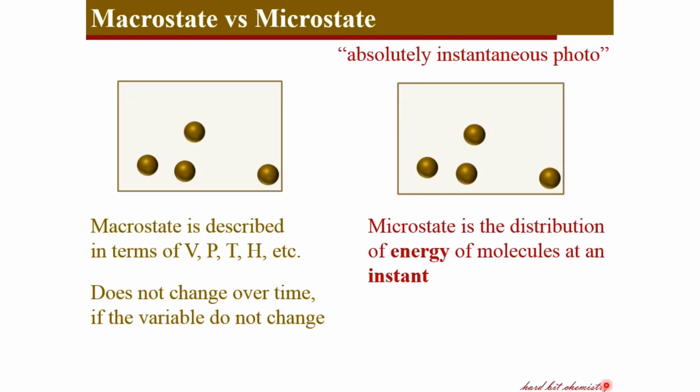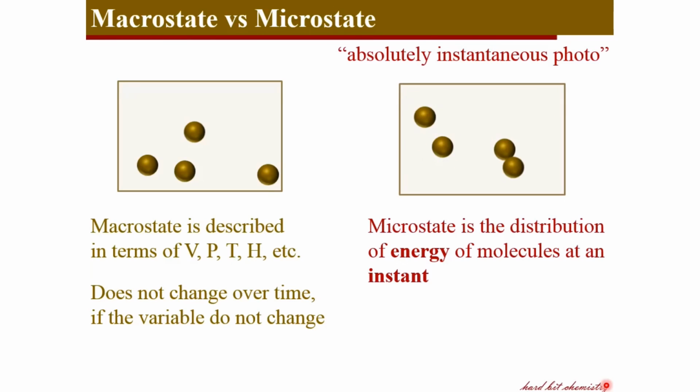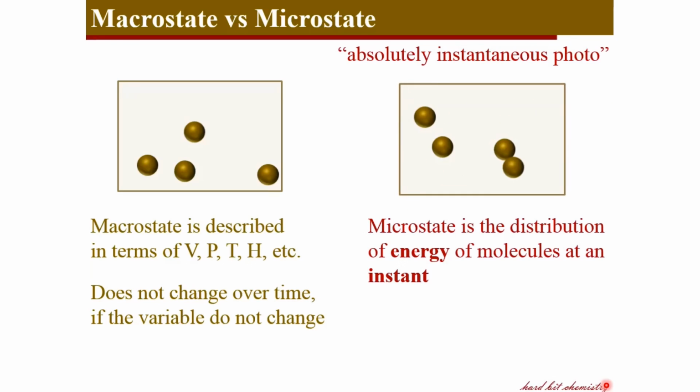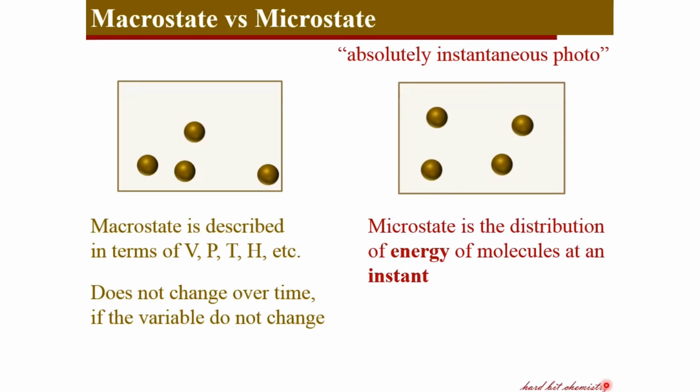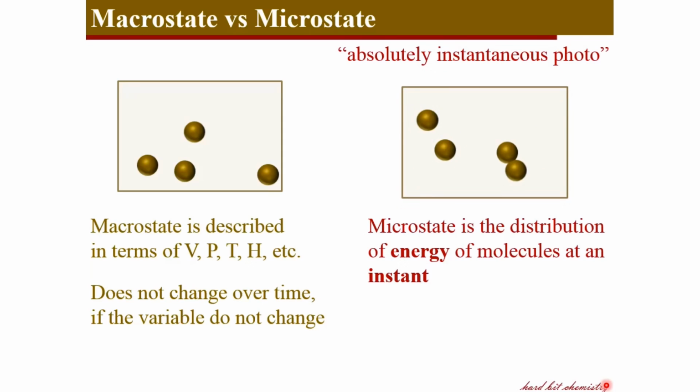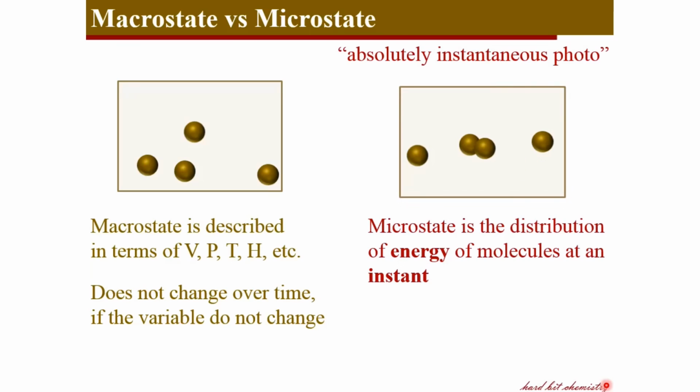That is called the microstate. Microstate characterizes the distribution of energy, or dispersal of energy. As the dynamicity of the system increases, as the degree of motion within the system increases, you've got a larger and larger degree of energy distribution or dispersal, and therefore a larger and larger number of microstates which describe the macrostate of the system.